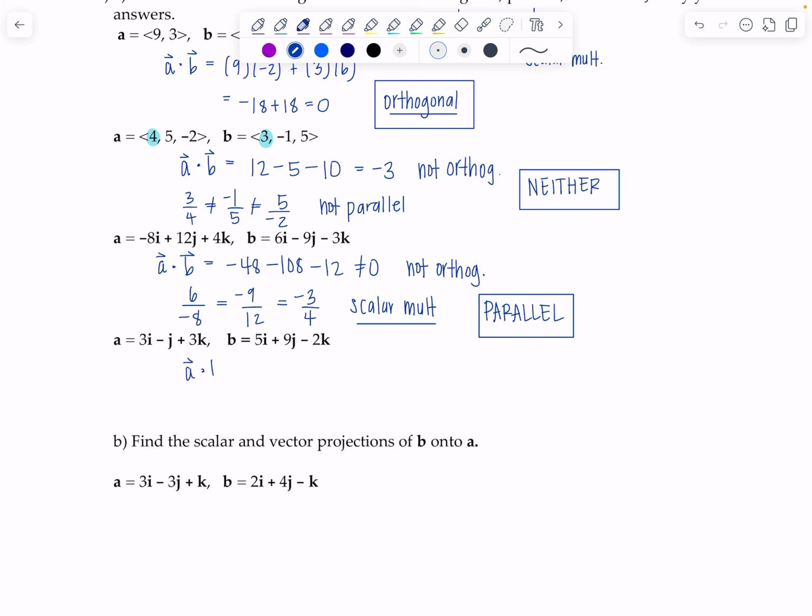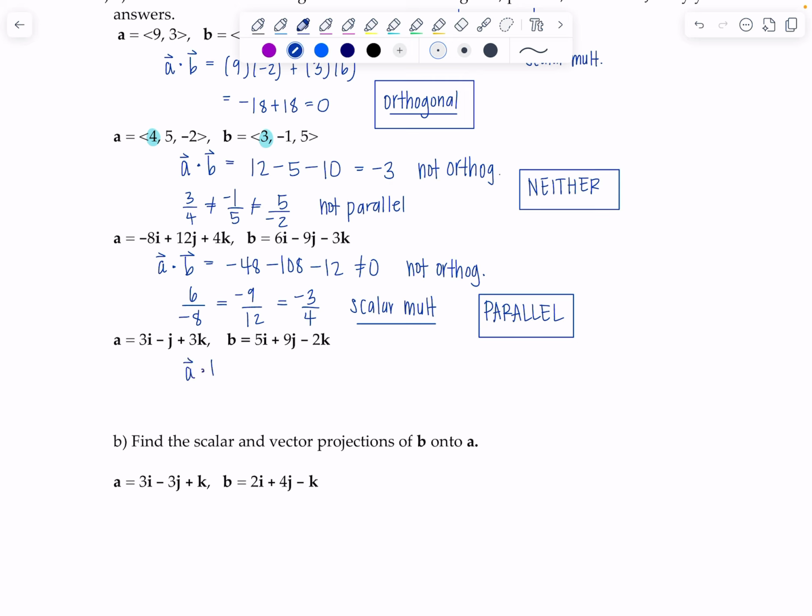Okay, beautiful. Now, the next part of the problem asked, find the scalar and vector projections of B onto A. So this should have been just straightforward, free points, as long as they remembered how to compute each of them.